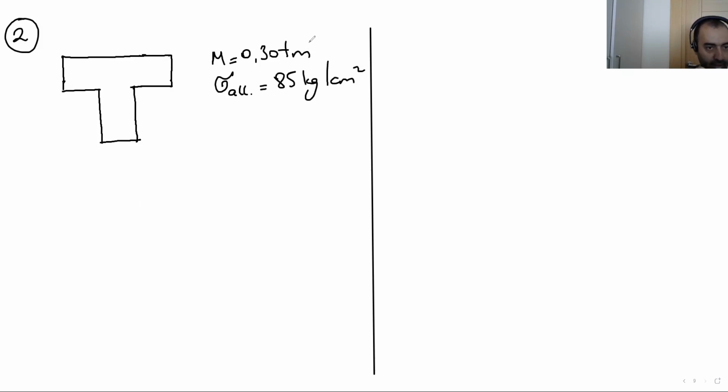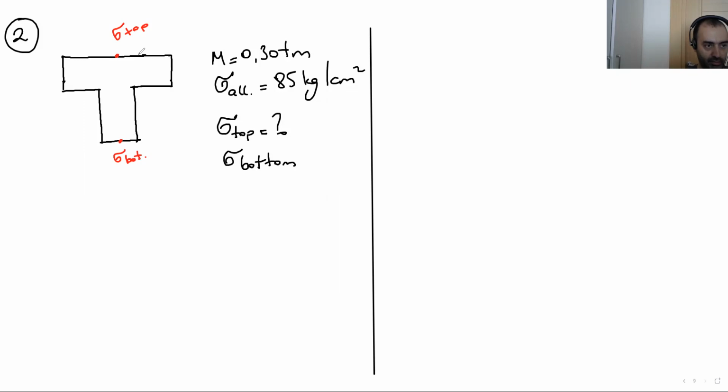The question is, what is the sigma top? What is the sigma bottom? Sigma top means the stress at this point, and sigma bottom is here.